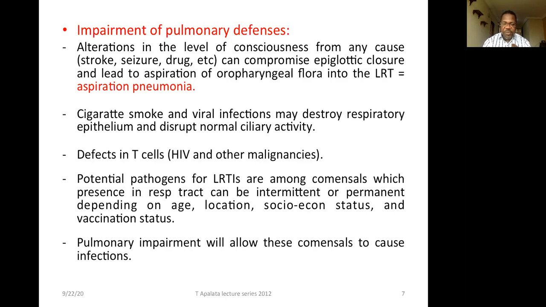So some of the pathogens can be there among the oropharyngeal normal flora, and from time to time they might be able to cause an infection, depending on the age, whether you are too young or too old, whether you are not vaccinated, or socioeconomic status, like poverty. Then pulmonary impairment will allow these commensals to cause an infection.